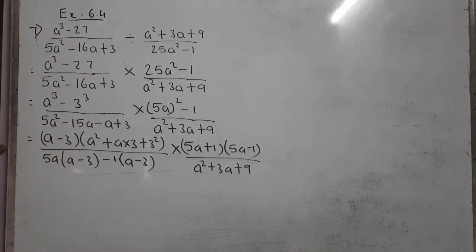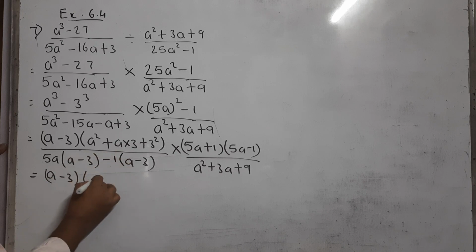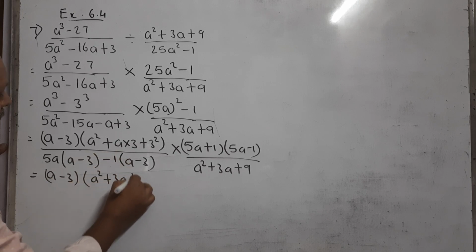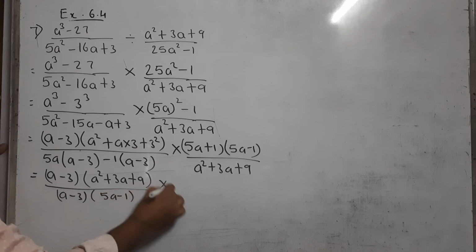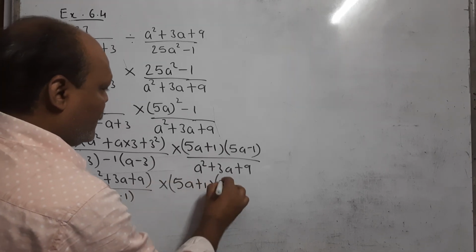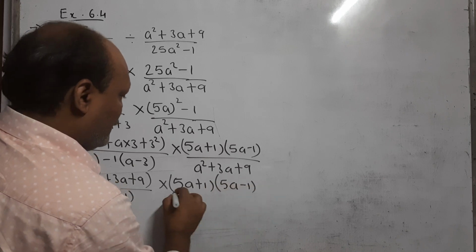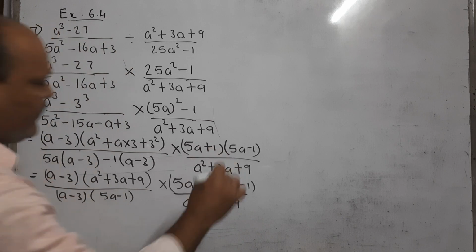Okay. Now we will combine it, a minus 3. What will we get? a square plus 3a plus 9. Here we get a minus 3, 5a minus 1 into 5a plus 1, 5a minus 1 upon a square plus 3a plus 9.